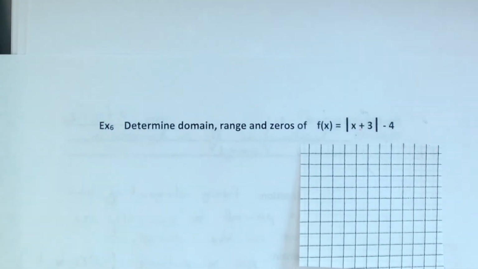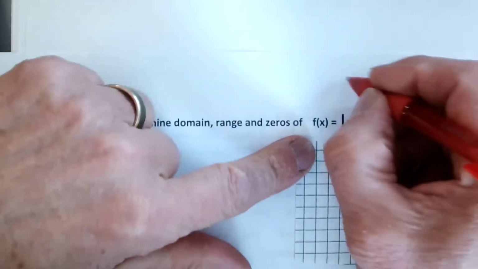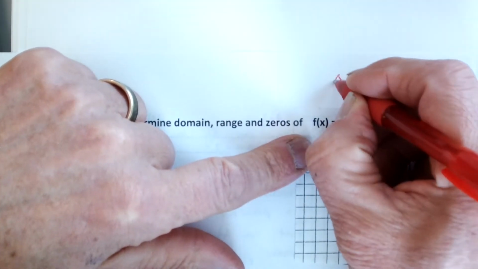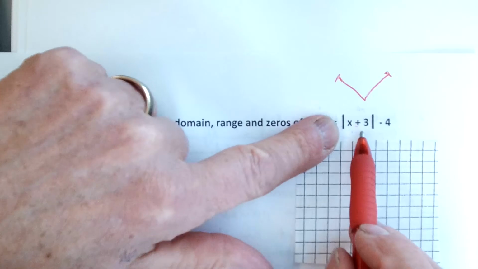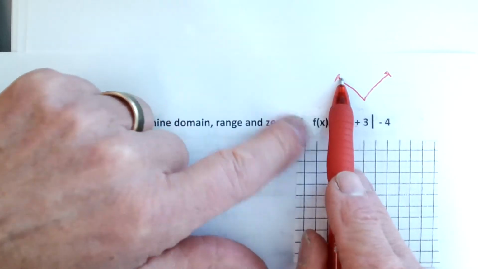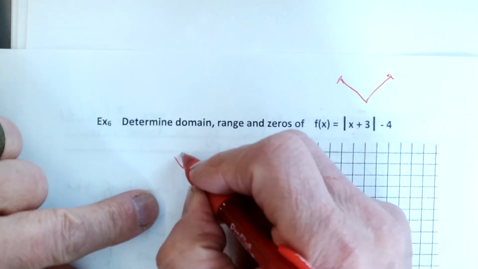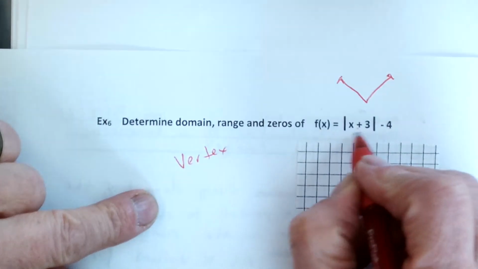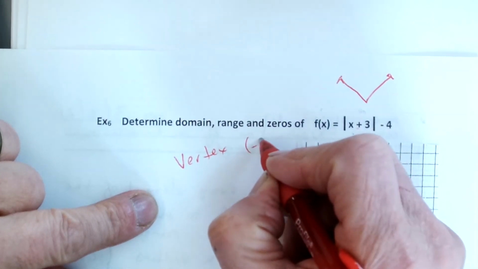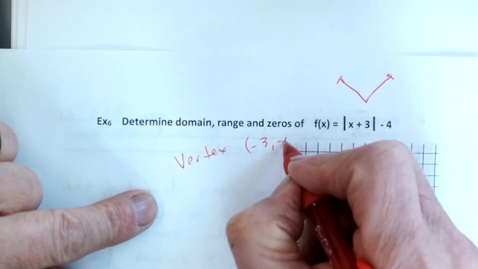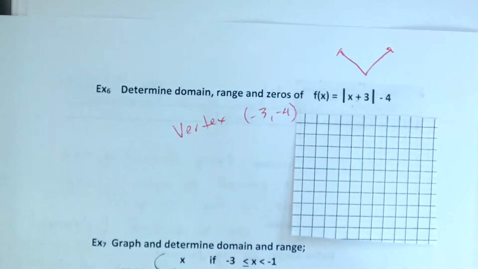Absolute values are the V's, and the reason the absolute values are a V is because whenever it becomes negative, it bumps up to positive, okay? So the vertex of this one, it's got to be at -3, -4. And I don't know if you guys remember that from Algebra 2 and Geometry.